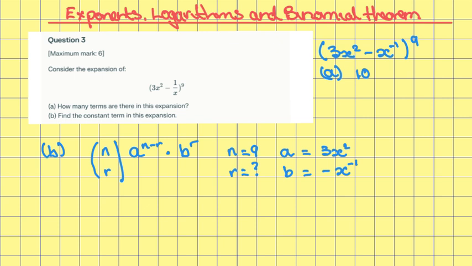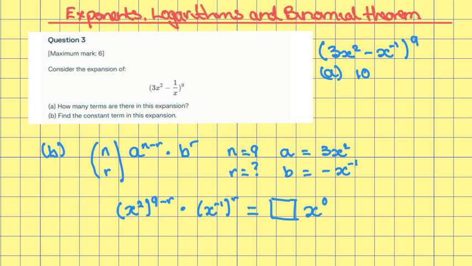So we can write those out. So we have x squared to the power of 9 minus r, because n is 9, times x to the power of minus 1 times r, and that has got to equal some value, which we're trying to find, x to the power of 0.